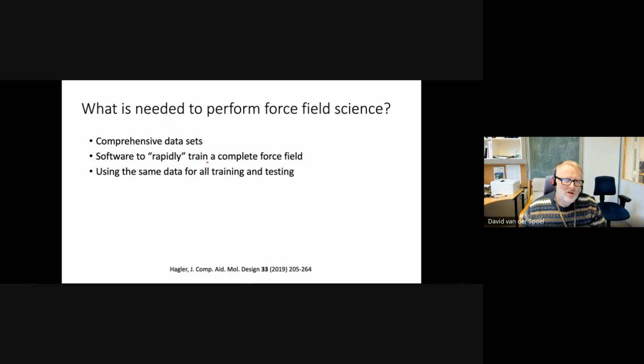So it's important to use the same data if you're comparing apples to apples, basically, and not apples to oranges or something else. And then, of course, validation is really important. In the end, if we train on quantum mechanical data, we still need to validate on experiments because it's not sufficient to be able to reproduce quantum mechanics.